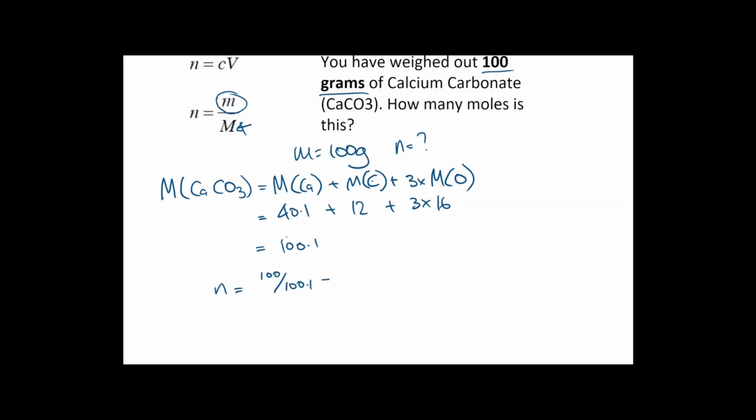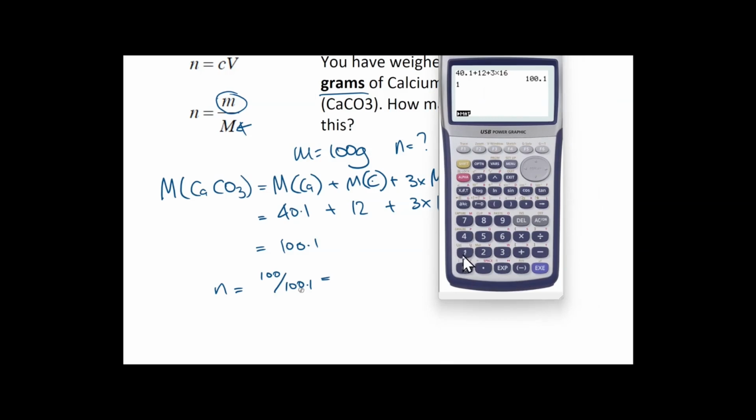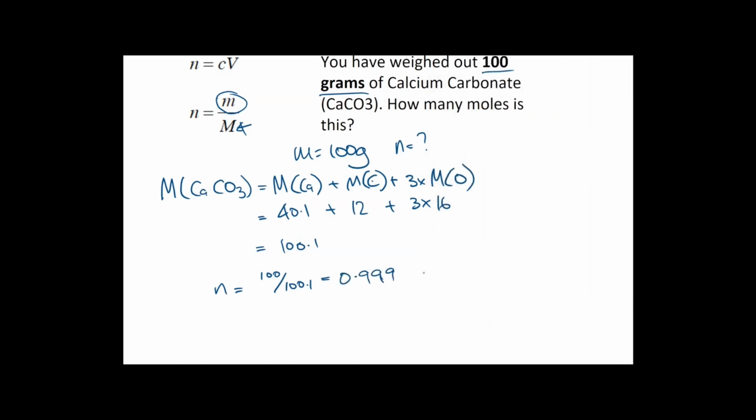So it's going to be some number really, really close to 1. So 100 divided by 100.1 is 0.999, which we say is 1.0 using our one decimal place rule. And that's that one done.